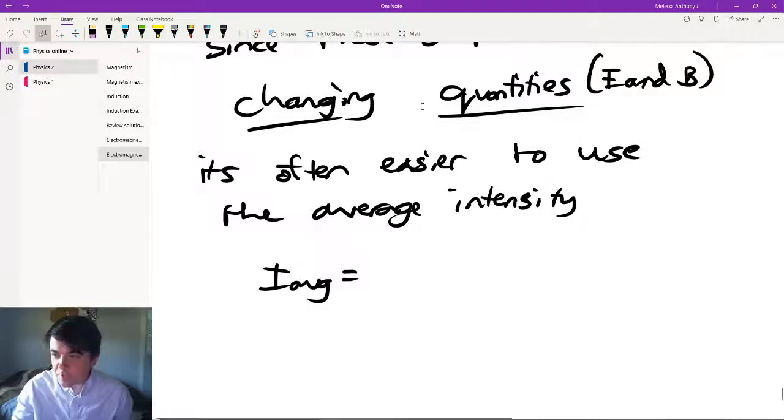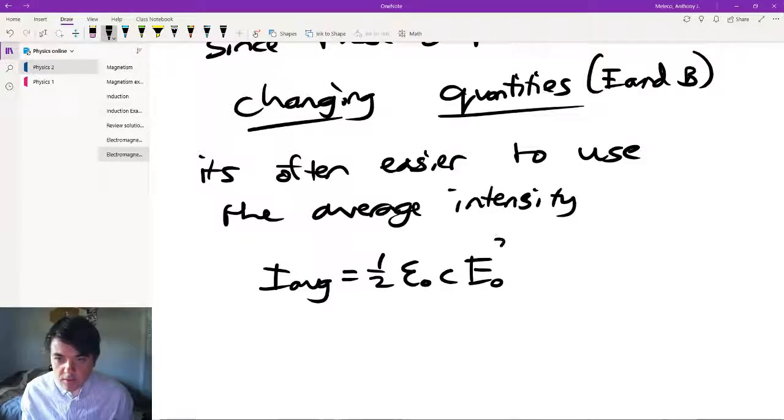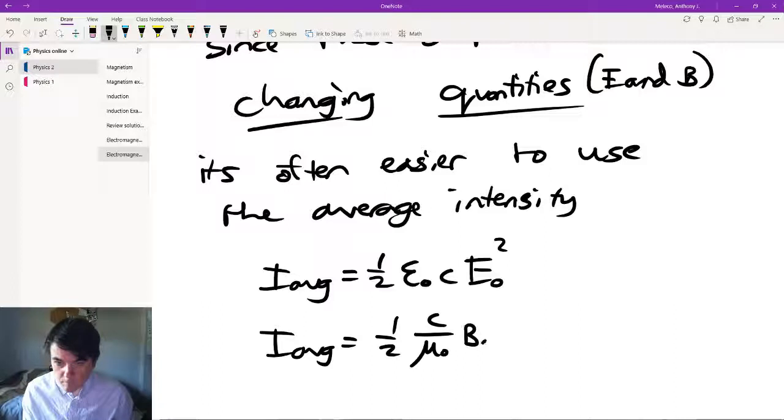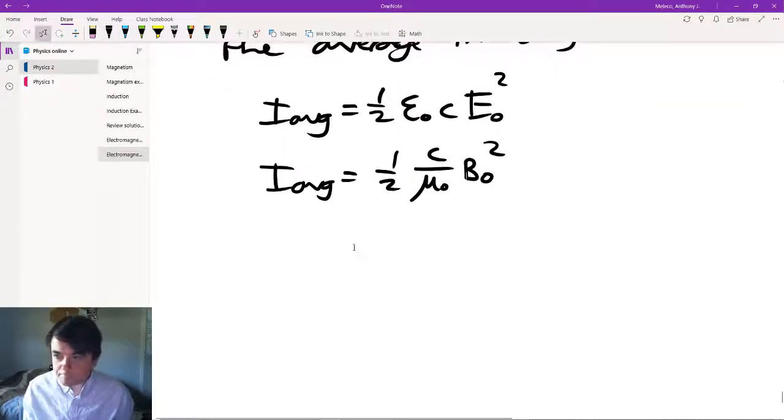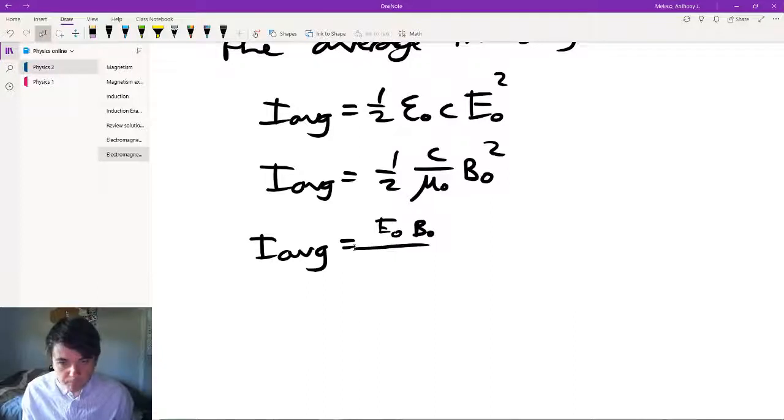So I average can be written in three other ways, okay. One half epsilon naught C E naught squared, and I'll say what these are in a sec. Okay.